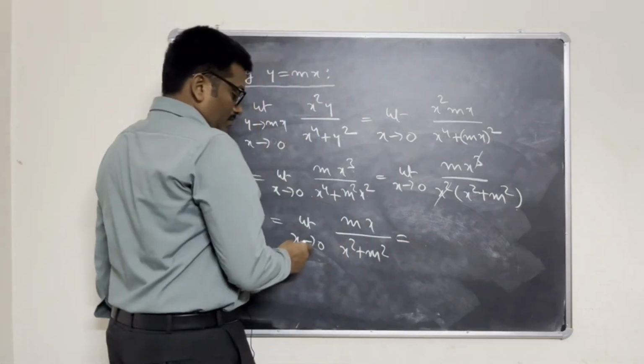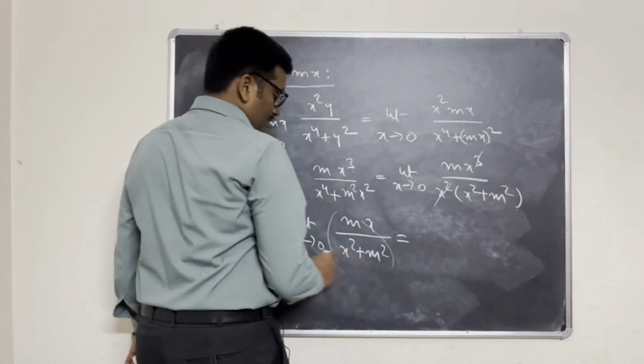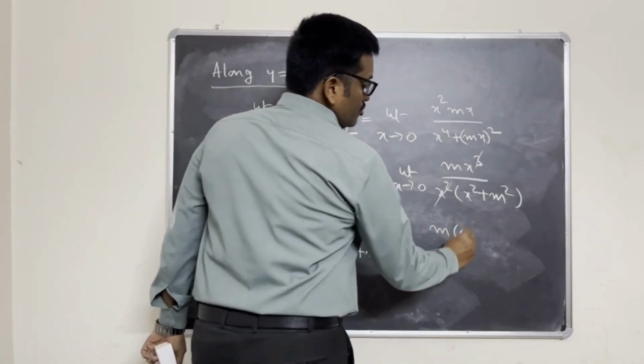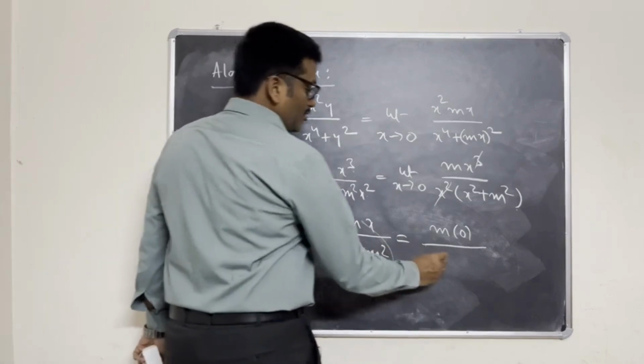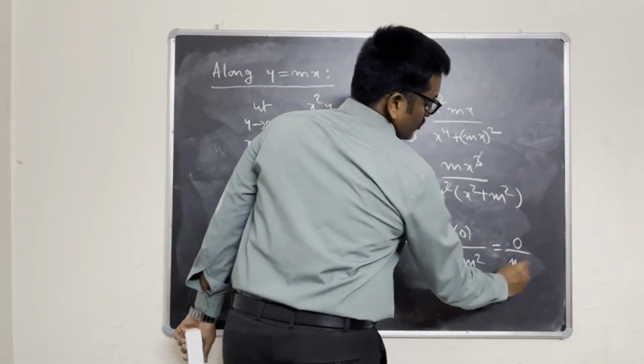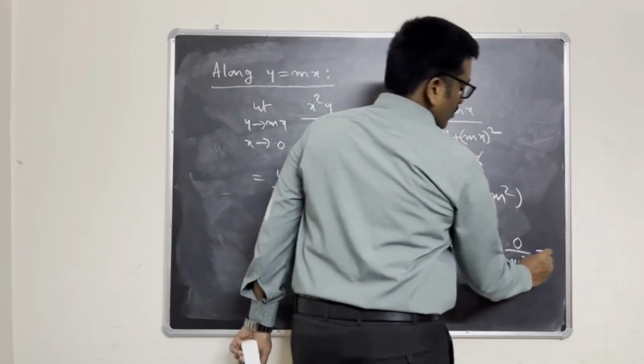So, if you consider the limit here, x tends to 0, numerator we are going to obtain m into 0 by 0 square plus m square, which means that 0 by m square. So, that is 0.